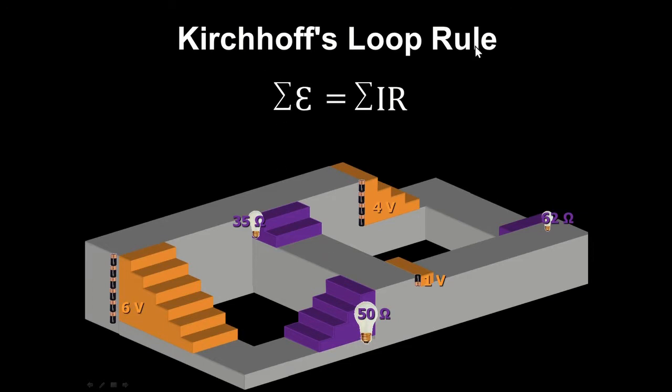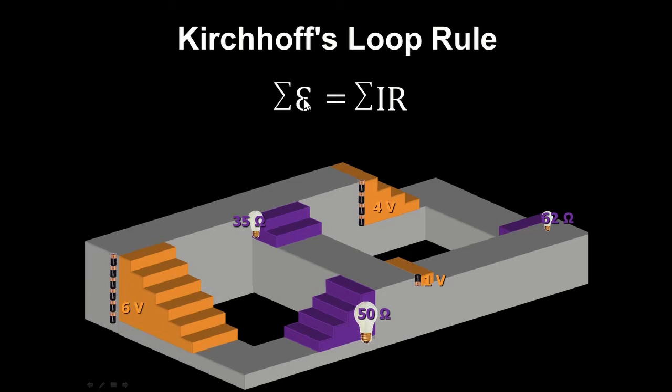And Kirchhoff's loop rule says that if you go around any loop, if you go around this loop, or you go around that loop, or you go around this whole big loop, the total raise in potential should equal the total drop in potential. And we see it like this.